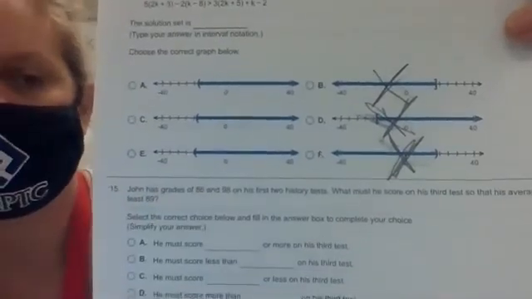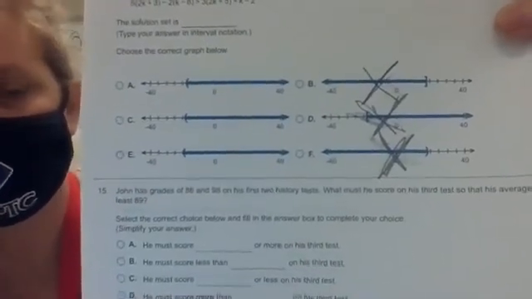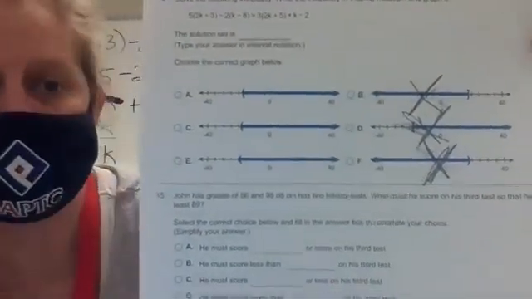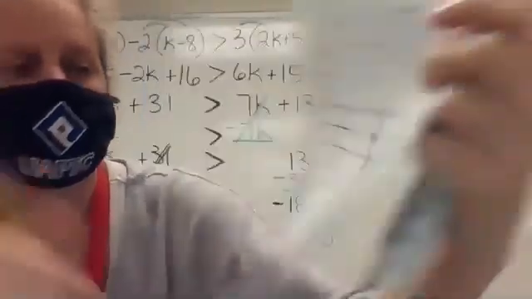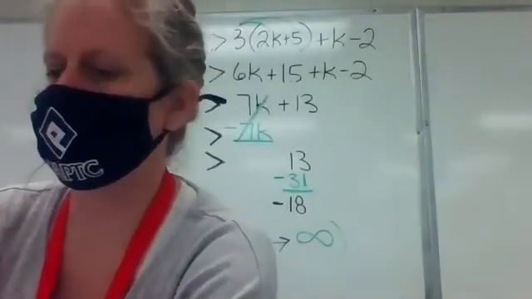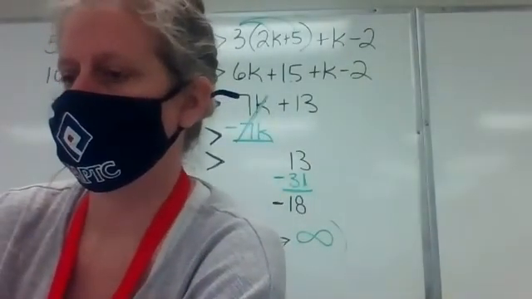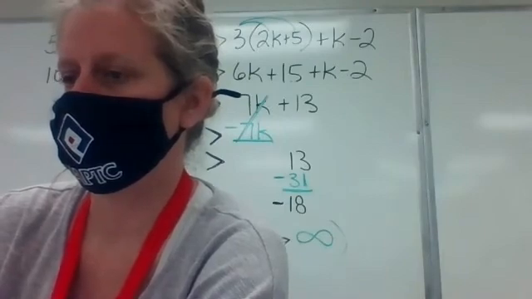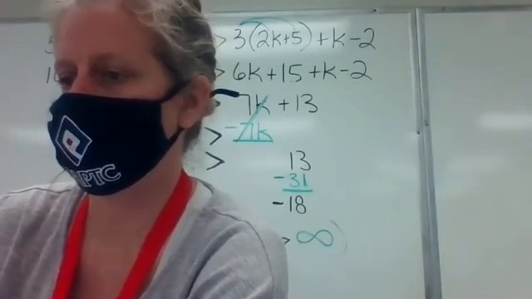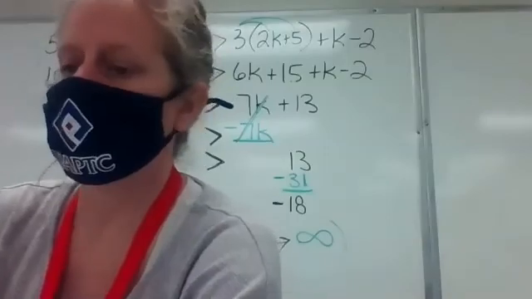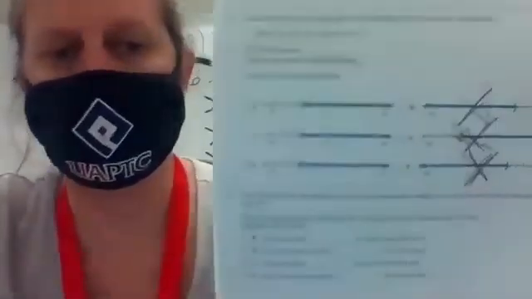Oh, man. I see what you're saying on this one. So where should the parenthesis be on negative 18, right? Let's see. Oh, this is awful. Oh, my gosh. So here's what you would do here.